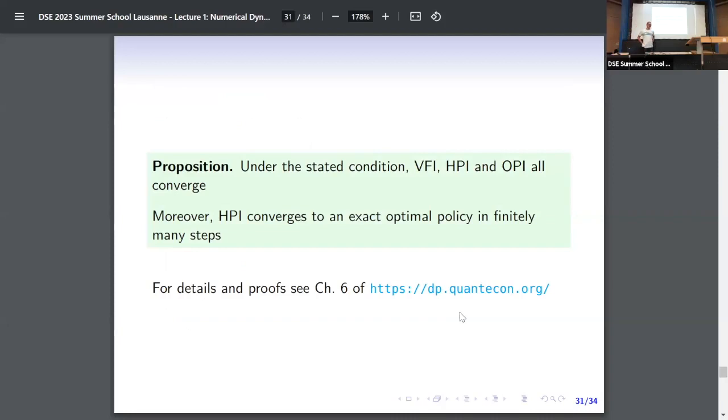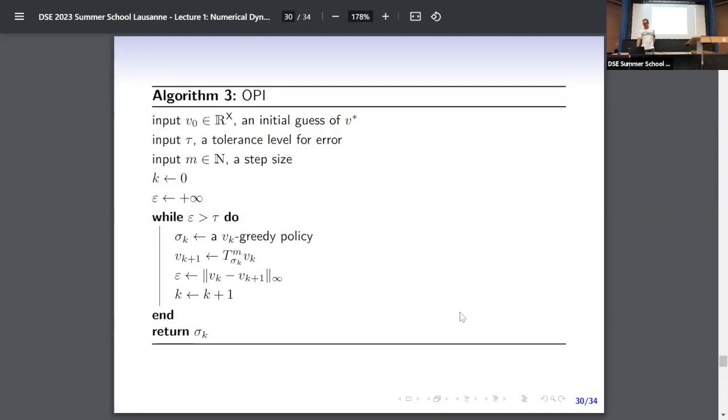But why the optimistic policy iteration? Why would you have that instead? Good question. It typically turns out to be faster for some choices of m. I guess the answer is that it depends on the problem. And for the one we'll look at, it's actually a little bit slower in most cases than Howard.